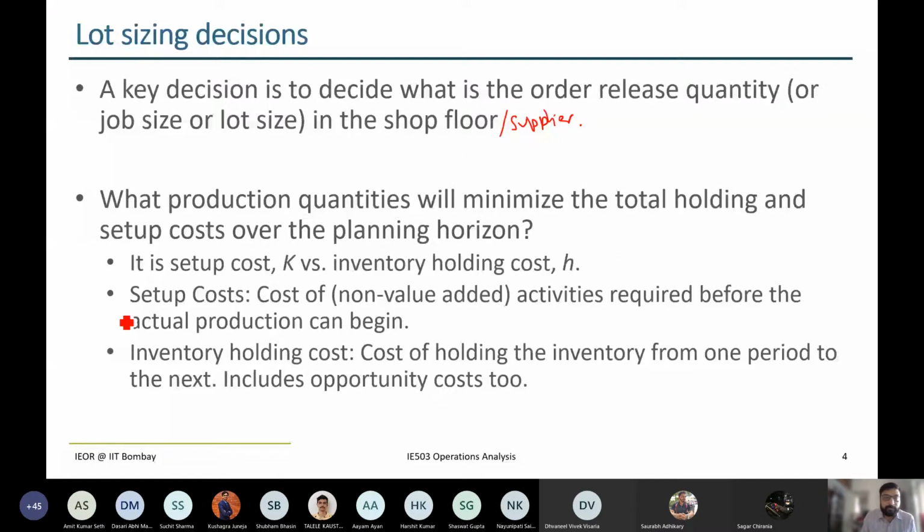Here an important assumption that we will make is the setup cost is incurred in every period where production is planned.